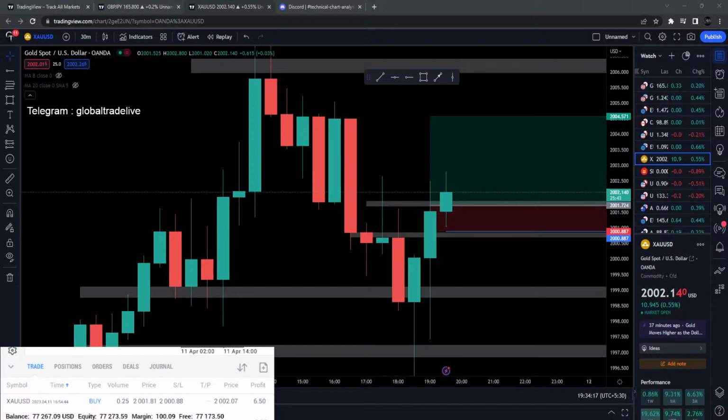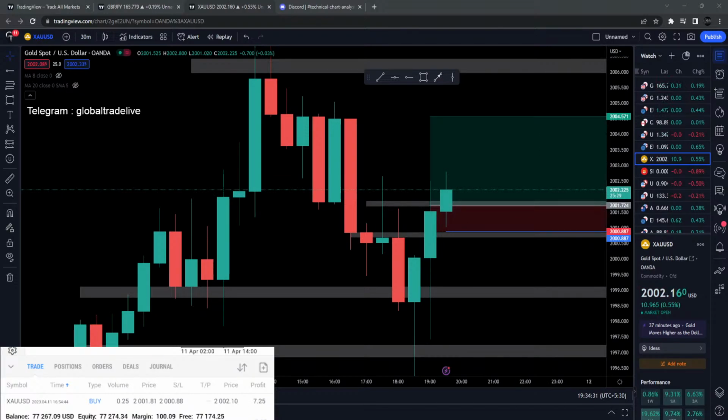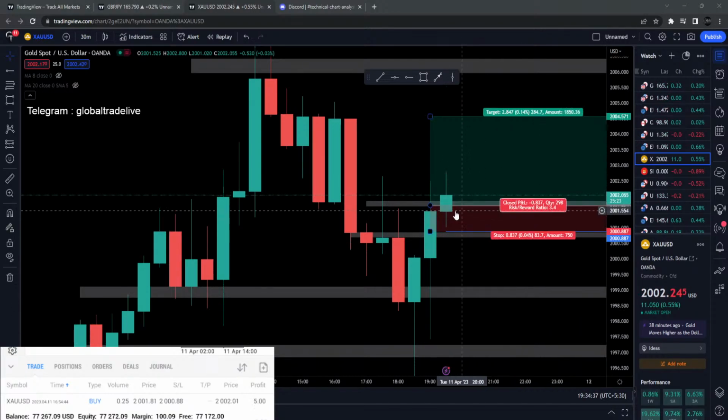Okay, so the stops has been reduced, and look how I managed the risk. Now we are not gonna lose more than 8.3 pips over here. So the stops has been reduced so much, from 53 pips to just 9 pips, right?